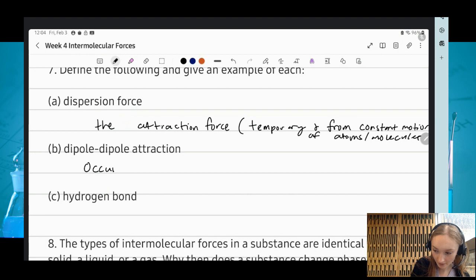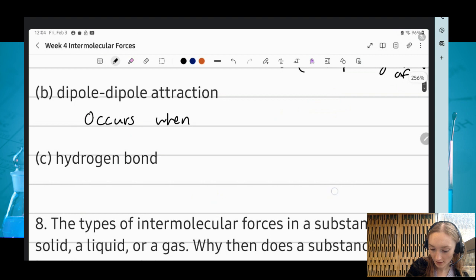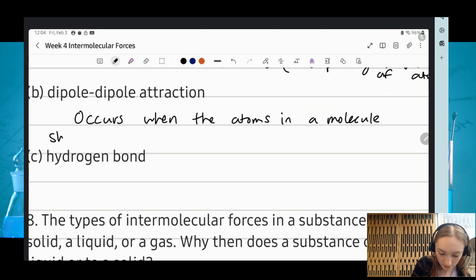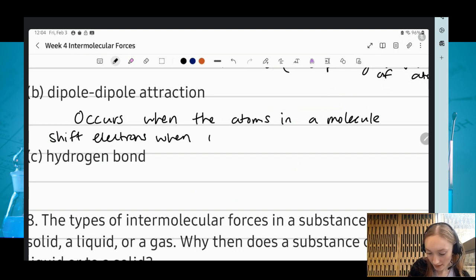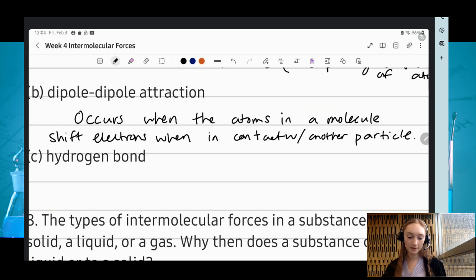This occurs when the atoms in a molecule shift electrons when in contact with another, I'm going to just say particle. So that can be an atom or a molecule or something like that.